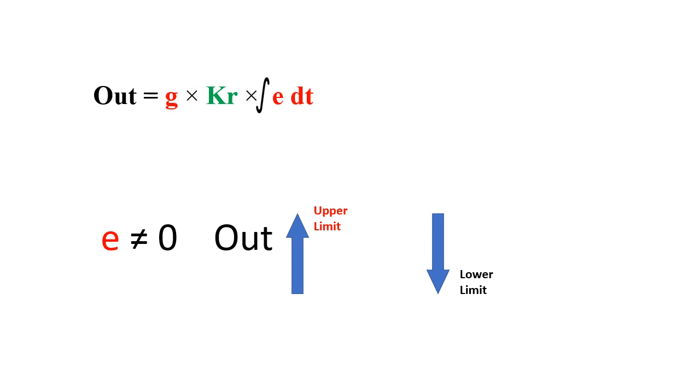Now, as long as error is not equal to 0, the integral action will continue to act upon it, and this will lead the output to either the upper limit or the lower limit. And in this way, integral or reset action gets wound up.